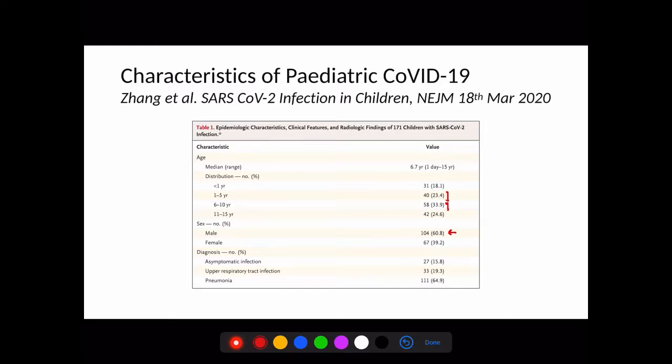And again, of those who tested positive, 15.8% were completely asymptomatic. So they were tested positive, but they were not exhibiting any signs and symptoms. They were absolutely fine as far as their clinical characteristics were concerned. 19.3% of them presented with upper respiratory tract infection.